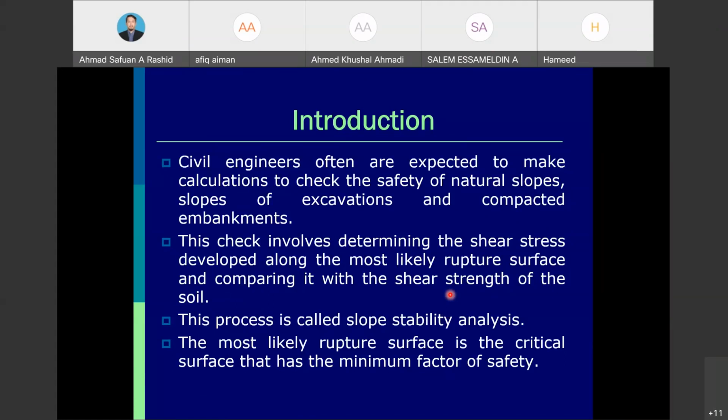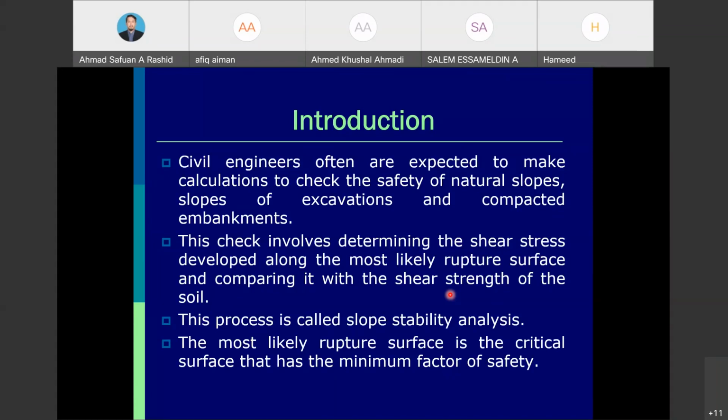At the same time, there will be a resisting force, which is governed by the shear strength of the soil itself. To ensure the stability of the slope, the resisting force must be greater than the driving force. This process is called slope stability analysis.